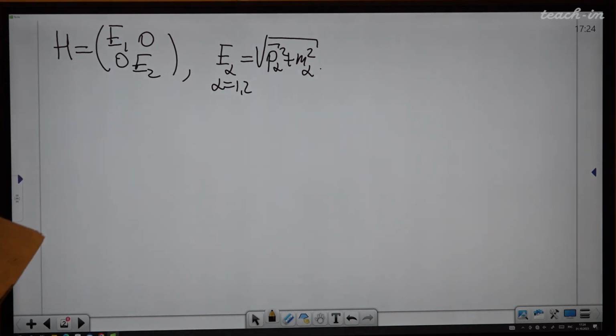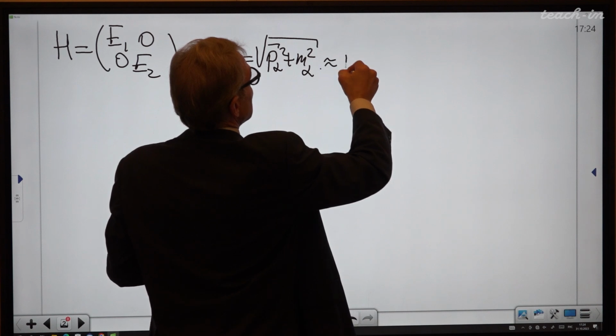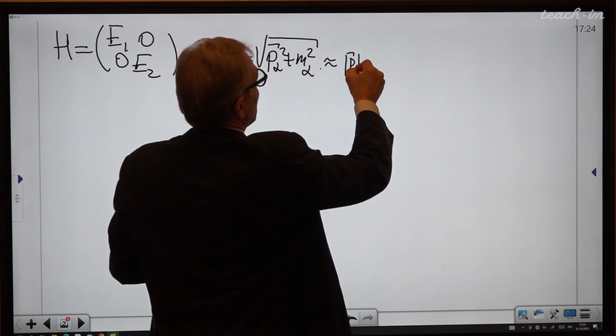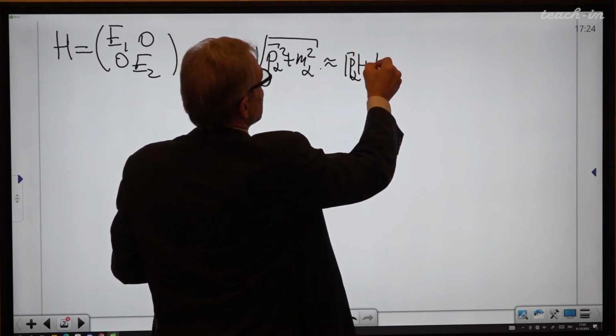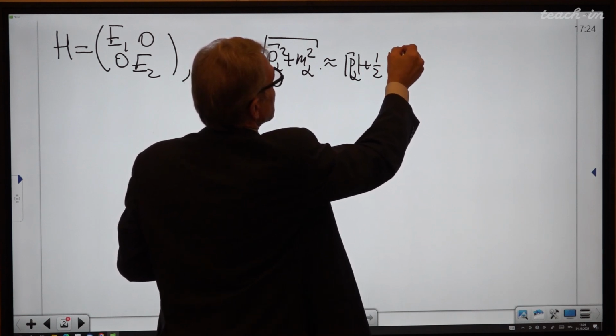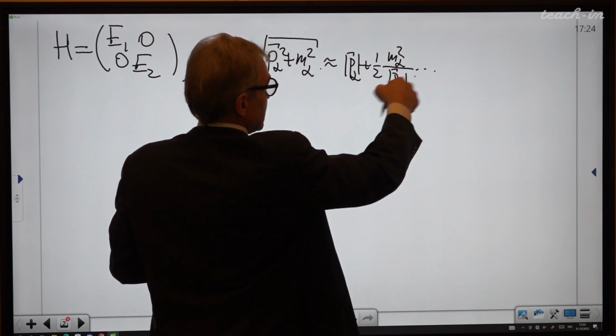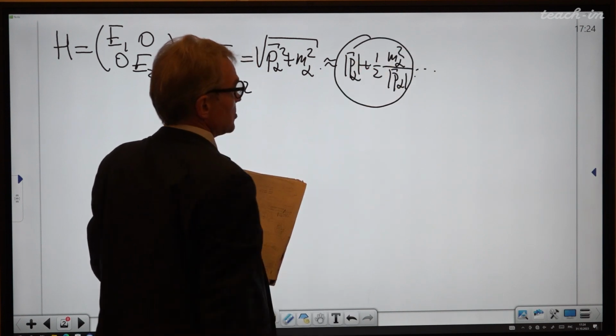Then we consider relativistic neutrinos. We write that this is the modulus of momentum plus 1 divided by 2 times m_alpha squared divided by the modulus of momentum, and we confine ourselves to only these two terms.